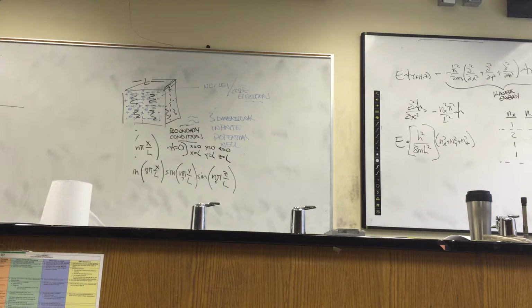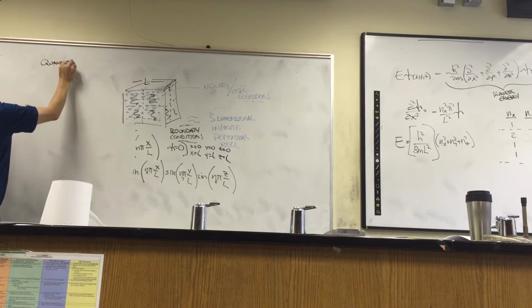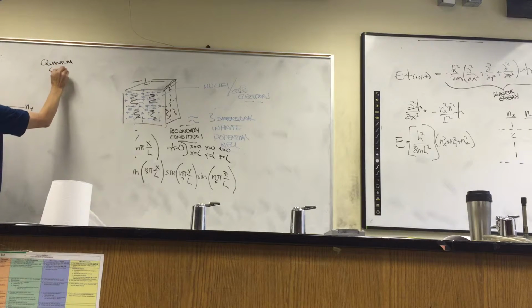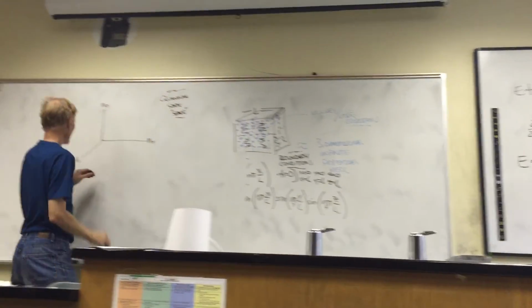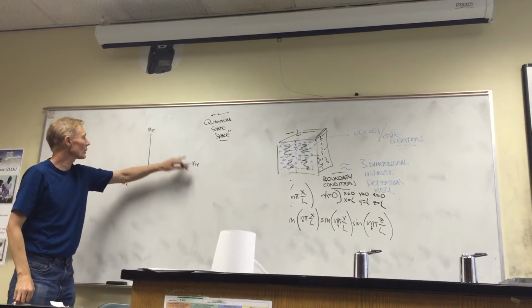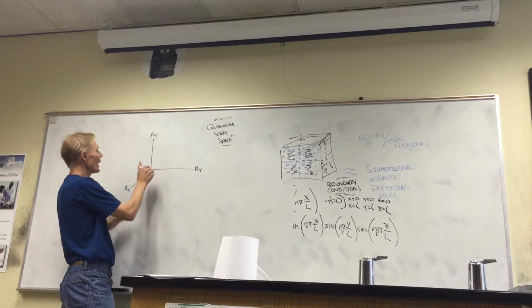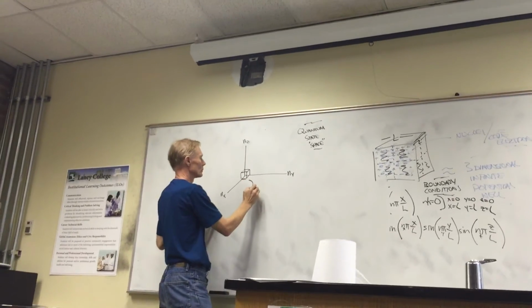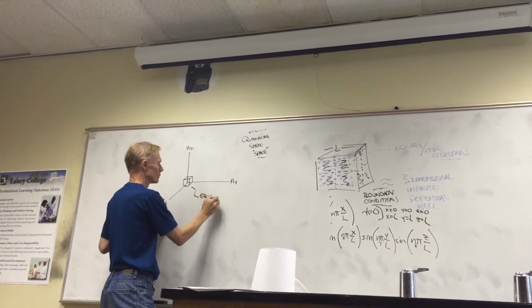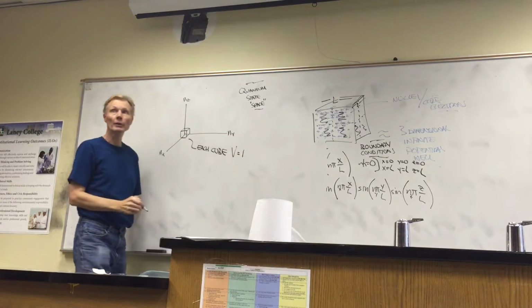And here's how we count how many states are present. I'm going to do a quantum state space. We'll draw a couple of axes here. One axis is keeping track of the quantum numbers in the x, one in the y, one in the z. Each set of integer values is going to correspond to a unit cube. Each cube has a volume of 1.